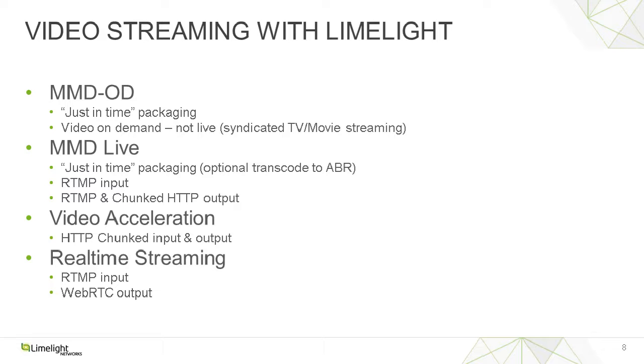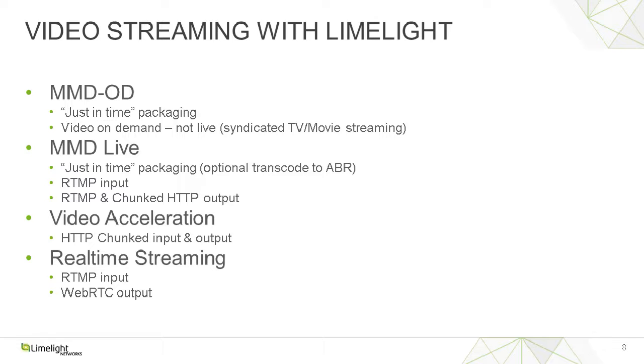And that is essentially taking a single source of your content, maybe it's multiple renditions like 1080p, 720p, and then a standard def, and it's making it available for all the different devices, whether that's Microsoft Smooth Streaming for some legacy Windows device, or it's HLS for some Apple iOS device, or it's MPEG-DASH for any number of devices.